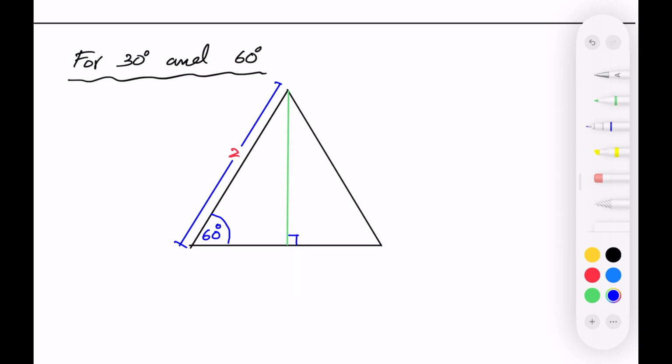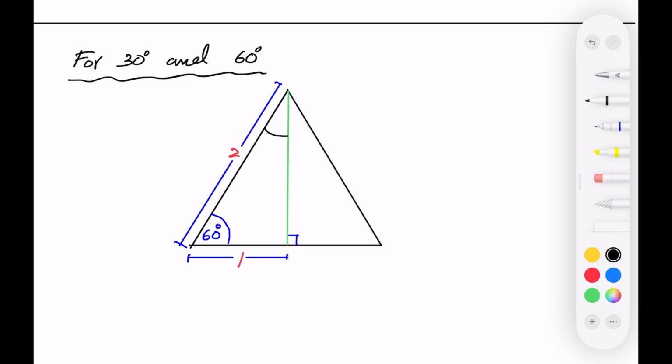It's a perpendicular bisector, which means what should be the length of this part of that base? Since each side of this equilateral triangle is 2 units long, the highlighted part of that side should be equal to 1 unit. Now, can you tell me the size of the angle right here?